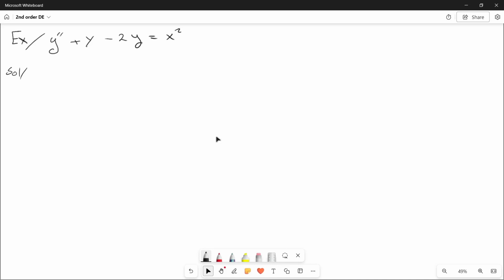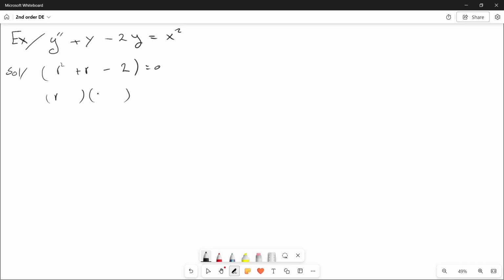So we have this example: y double dash plus y dash minus 2y is equal to x squared. Our first step is to find the characteristic equation to find the complementary solution. So we have r squared plus r minus 2 is equal to 0. We'll use the brackets method as it's easier.